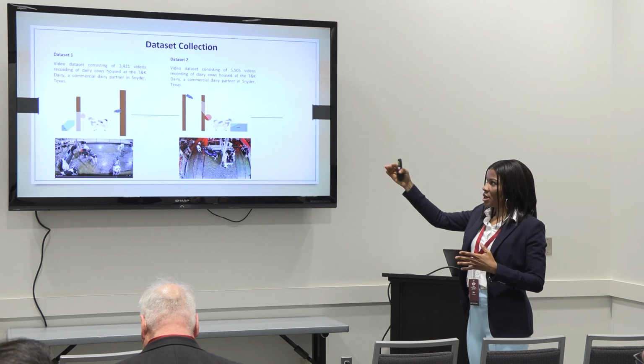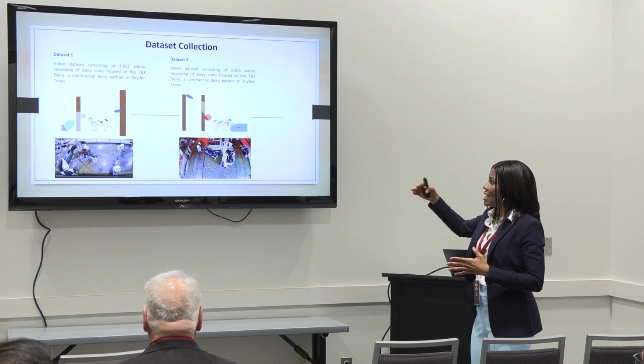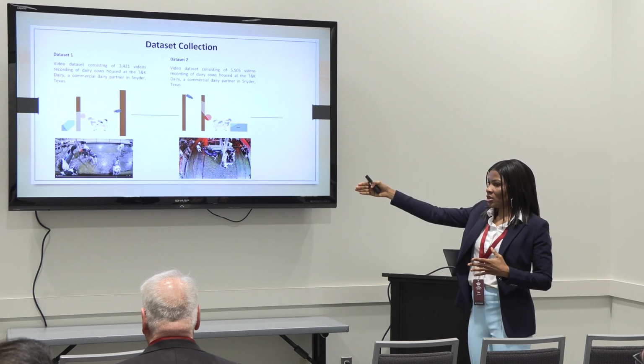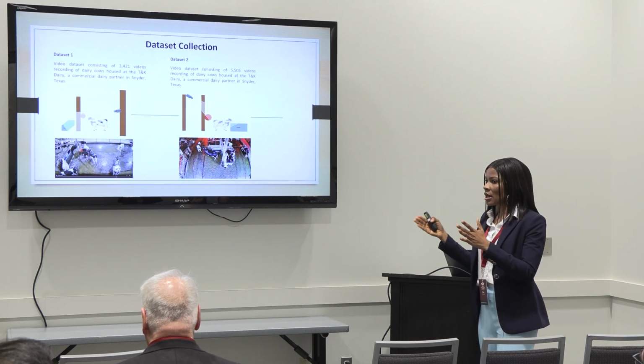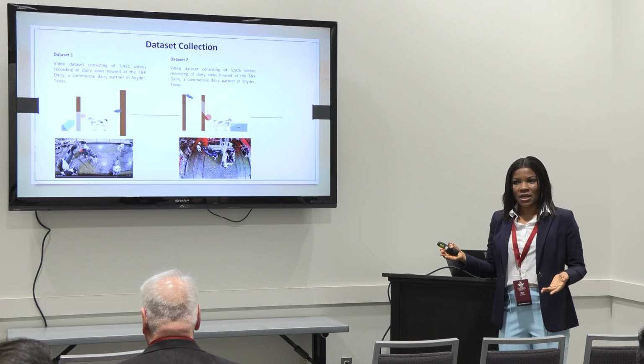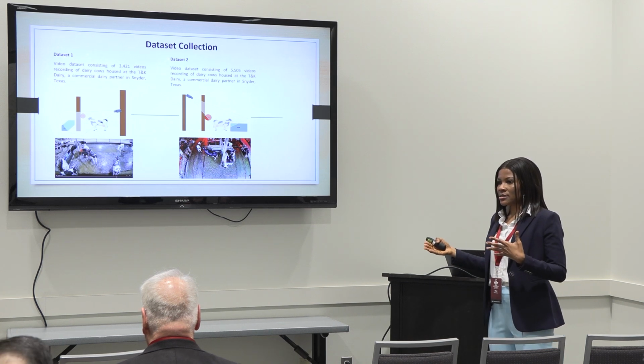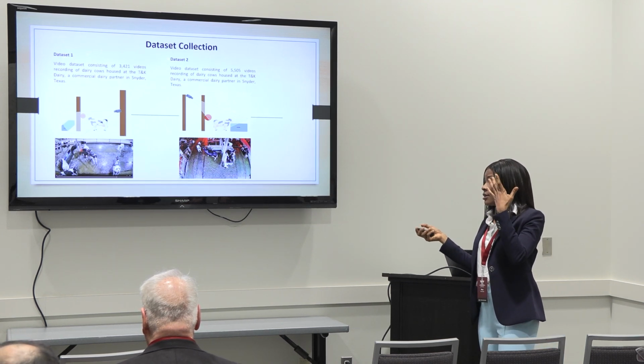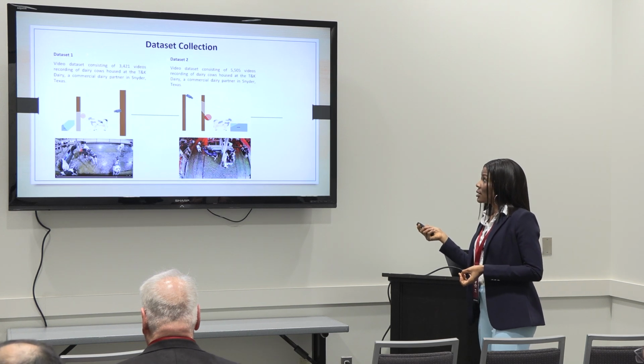Initially, the model was trained using dataset 1, and with dataset 2, we tested the model and the results were really close. So that's an indication that the model generalizes very well, especially using unknown data.